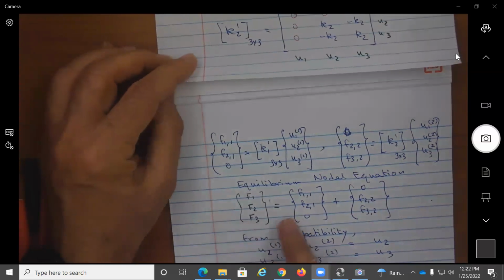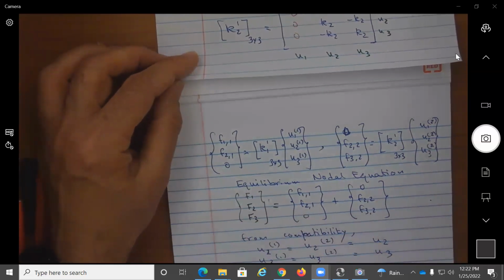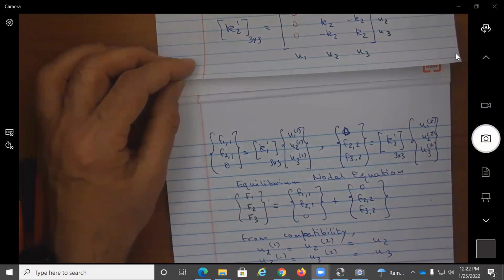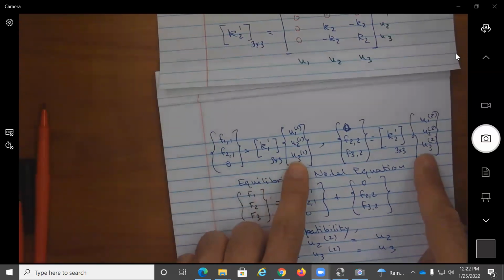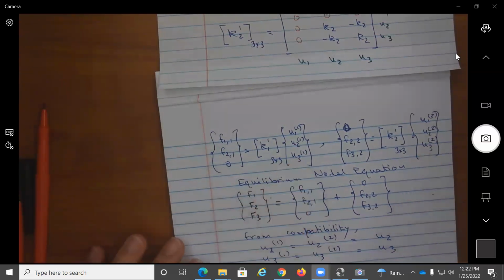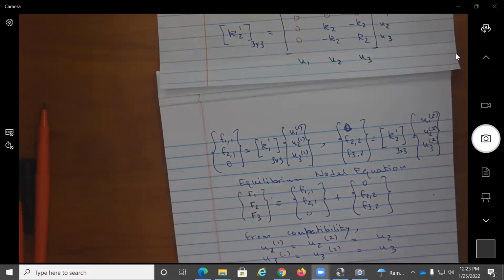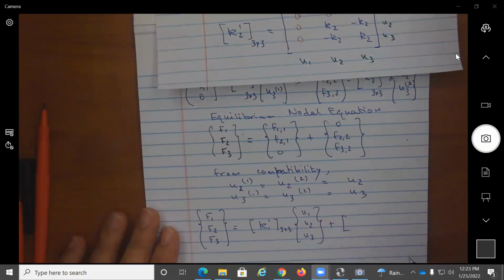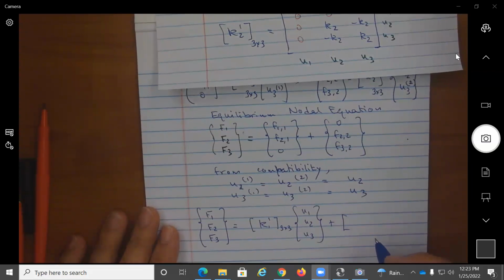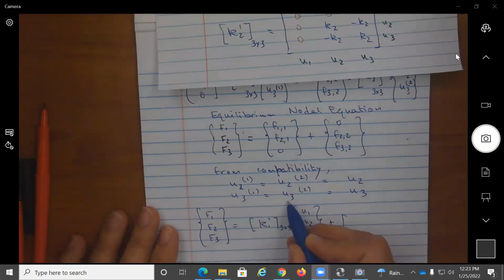So now I can expand this and say that F1, F2, F3, I'm going to take these two as common factors, right? So I can write it here: this is equal to K1 prime, the 3 by 3, multiplied by U1, U2, U3, plus... U3 element 1 and U3 element 2.